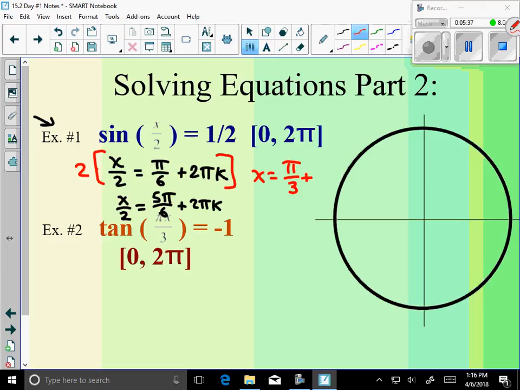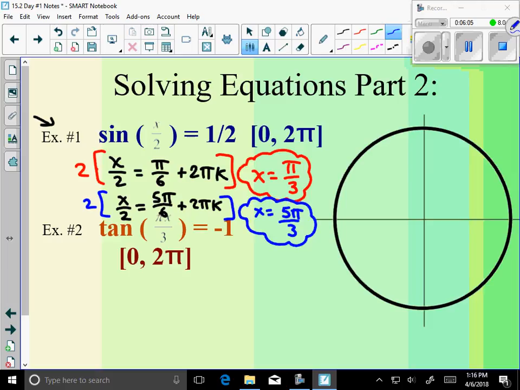No, it's gone, right? So I'm going to get rid of that. So at this point, I recognize that I didn't need it. I keep it there, but I didn't need it. Okay, I'm going to do the same thing for the next one. Multiplying by 2, you probably already see the pattern happening. I'm going to drop the 2 pi k because it's going to become 4 pi k, and x will equal, what is that, 10 pi over 6, which reduces to 5 pi over 3.